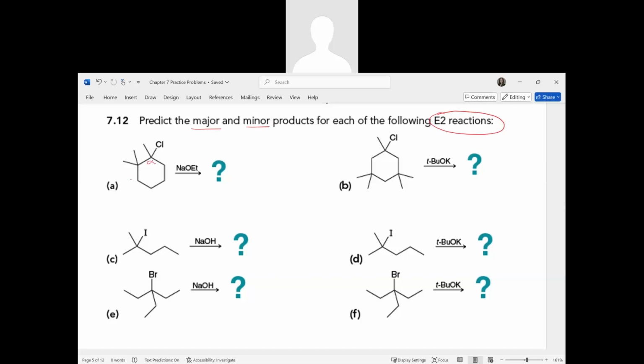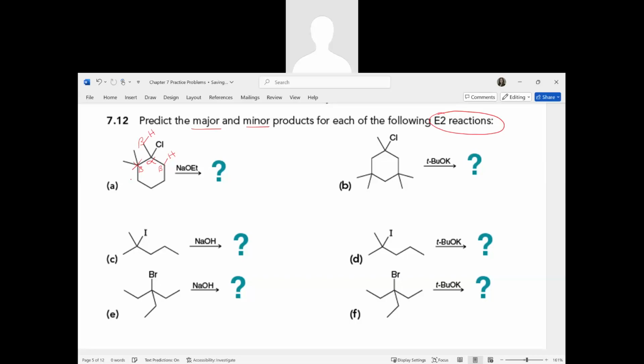We see our alpha carbon here, and we see 1, 2, 3 distinct beta carbon positions, and only 2 of these have hydrogens available. So there are hydrogens available here, and there are hydrogens available here.